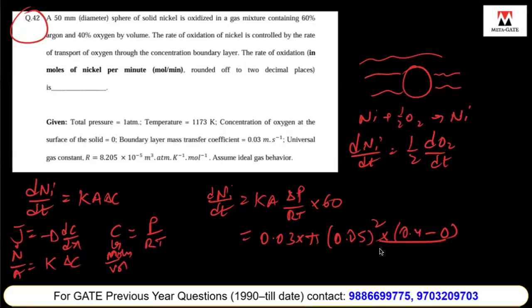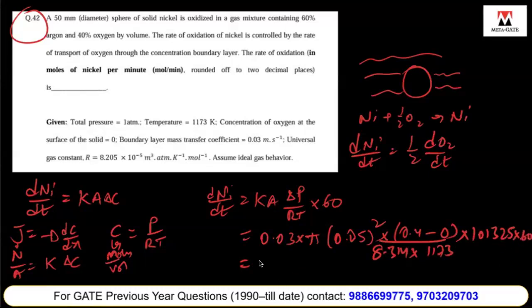So here it is 8.314 into 1173 into, as atmospheres, you can convert into pascals, 101,325. So in total, if you calculate, you'll get 0.03 into 3.14 into, into 60.